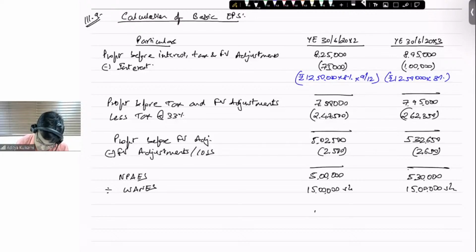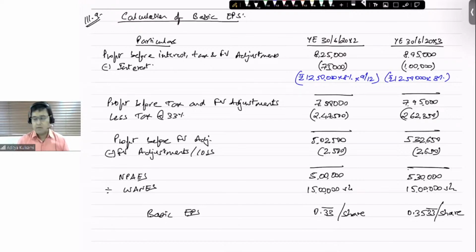So this is 0.33 per share and this is 0.3533 per share. This is your basic EPS.